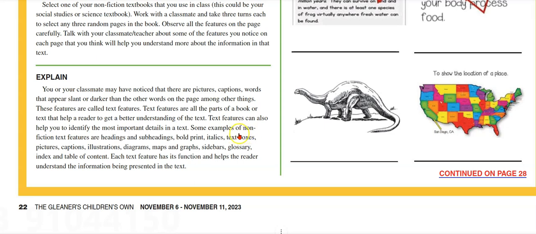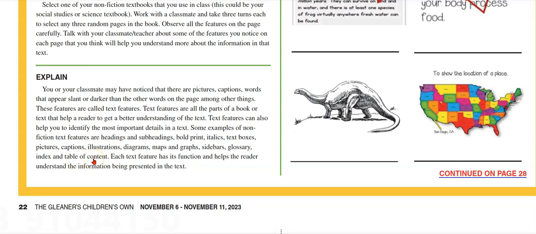Some examples of non-fiction text features are headings and subheadings, bold print, italics, text boxes, pictures, captions, illustrations, diagrams, maps, and graphs, sidebars, glossaries, index, and table of content.